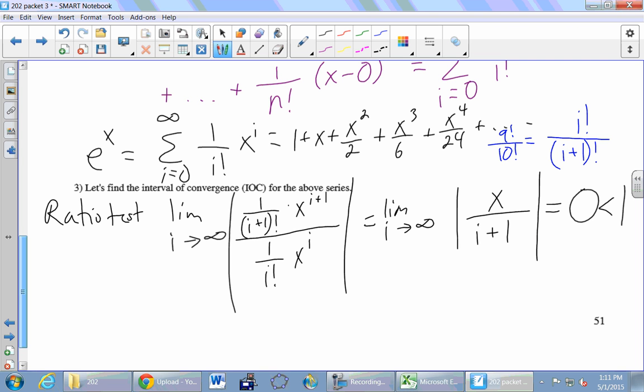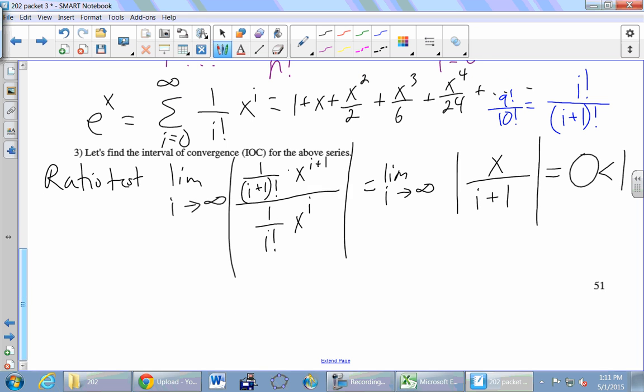You'll be left with just a 10 on the bottom. Okay, so this is a special case. What does this mean about our series? It converges everywhere, right? Because 0 is always less than 1. So the IOC, interval of convergence, is minus infinity to infinity.